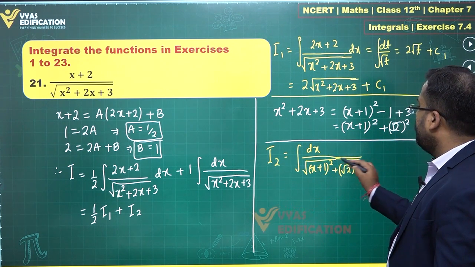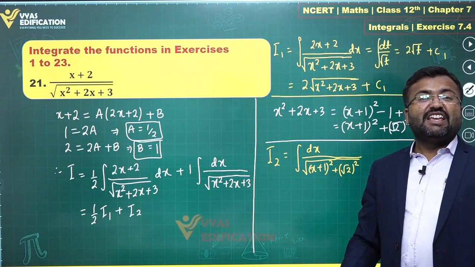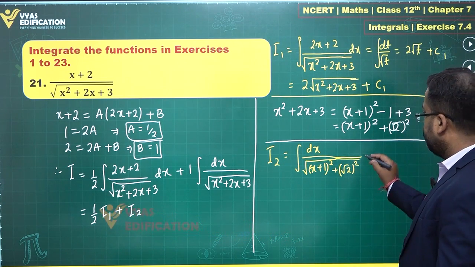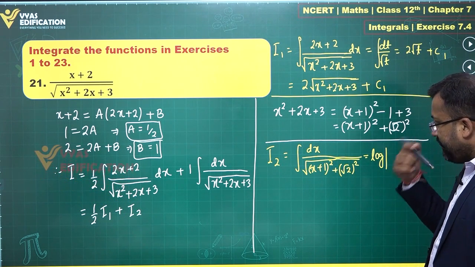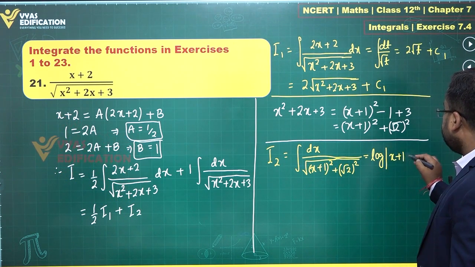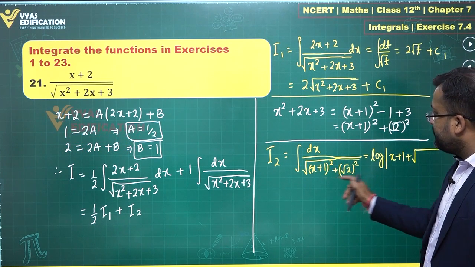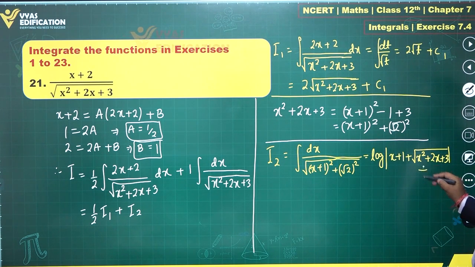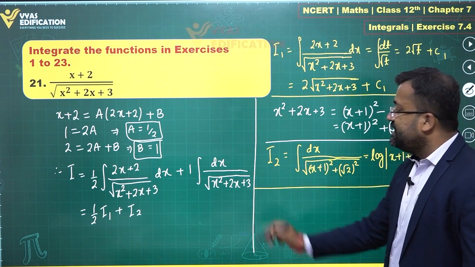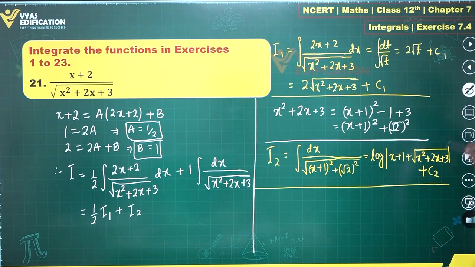For under root of x square plus a square in the denominator, that will convert to log modulus of, instead of x we have x plus 1, plus under root of this whole expression, x square plus 2x plus 3, modulus, plus another constant of integration, let's call it c2. This is I2 for us.